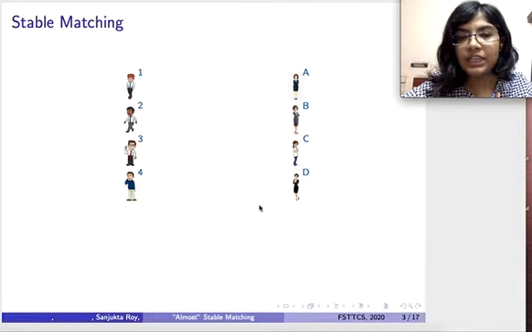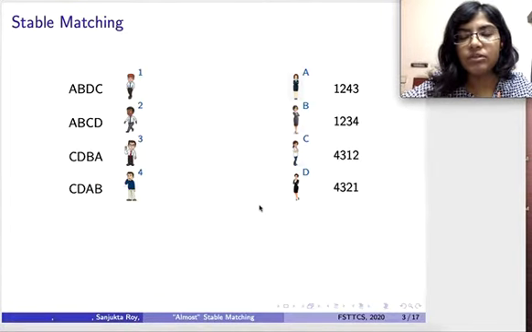Each agent on one side has a preference over the other set. Here agent 1 has preference A, B, D, C, which means A is his first preferred woman and C is his last preferred woman. Similarly, woman A has preference 1, 2, 4, 3: 1 is her first preferred man and 3 is her least preferred man. So this is how the preferences are here.